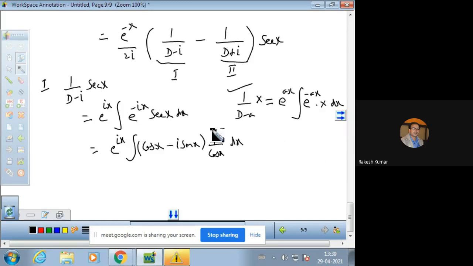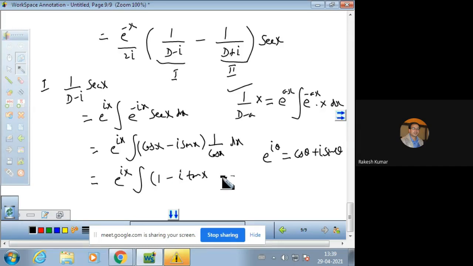This is Euler formula or Euler identity, that is e raised to power iota theta is cos theta plus iota sin theta, and if there is a minus here, then a minus comes here. So e raised to power iota x, cos upon cos is 1, minus iota into tangent x dx.